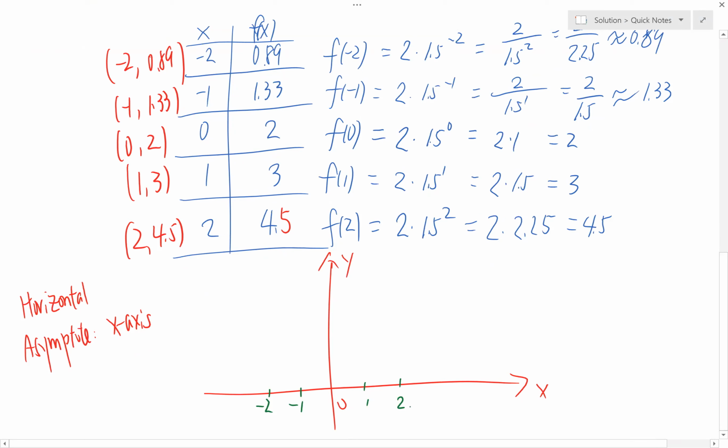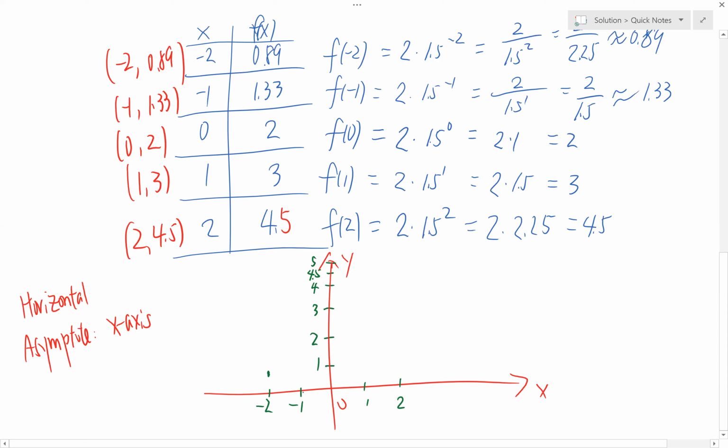On the vertical axis, all we need is 5 units. So 1, 2, 3, 4, 5. So then 4.5 is right here, right in the middle of 4 and 5. Then we get a 3, 2, 1. That's more than sufficient. Then we start plotting this. -2, 0.89, quite close to 1, right here.